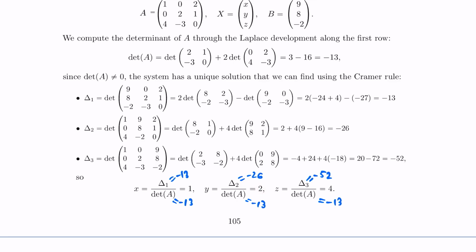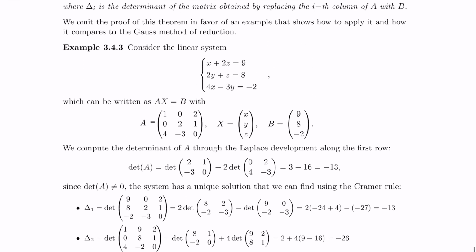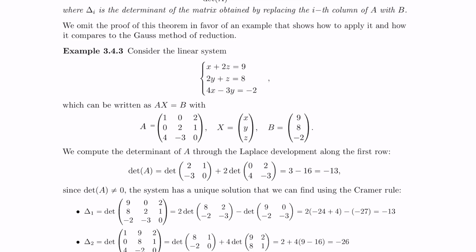And finally, z is delta 3 divided by the determinant of A, minus 52 divided by minus 13, which gives 4. Hence, if we come back to the initial linear system, we have that the unique solution is the vector x given by x, y, z with values 1, 2, and 4.